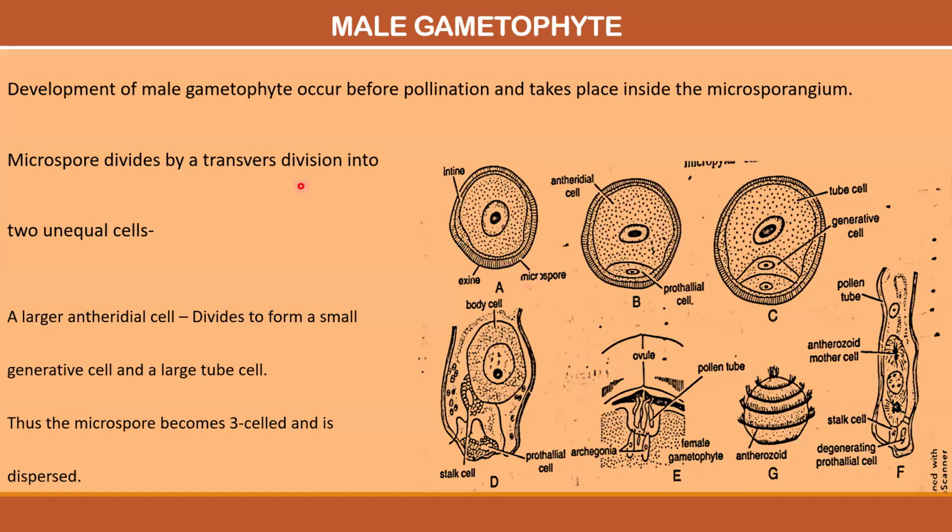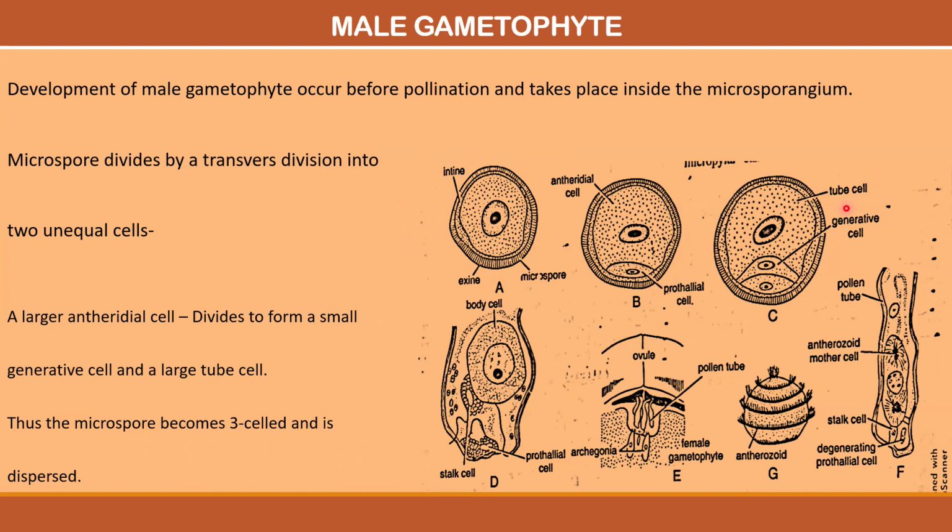Moving on to the development, the microspore is a round structure with an internal wall called intine and an external wall called exine. It undergoes a transverse division, forming a small prothallial cell and a large antheridial cell. Further, the antheridial cell undergoes a transverse division and forms a small generative cell and a tube cell.